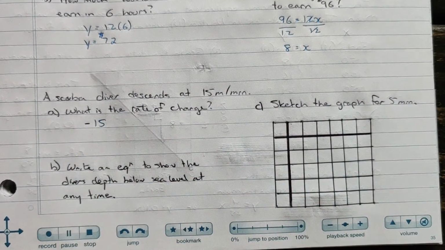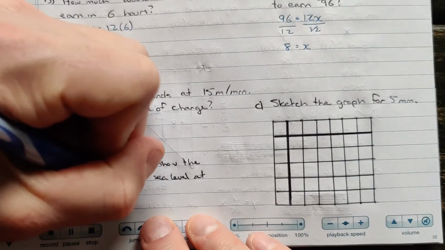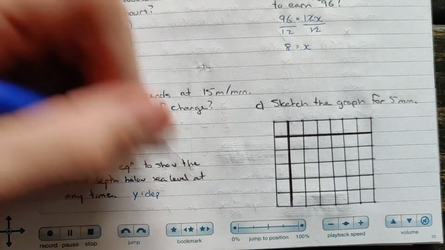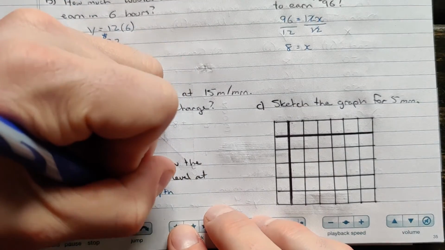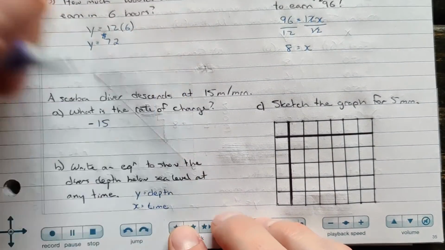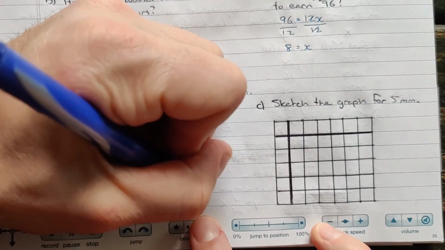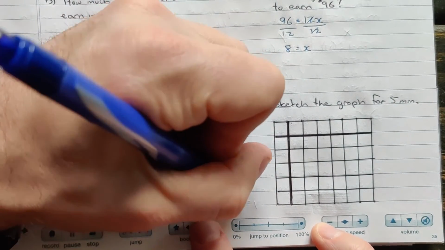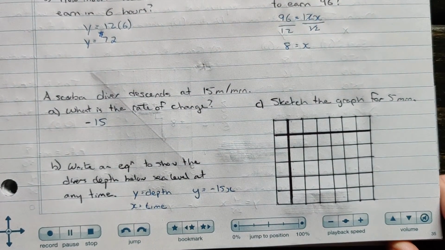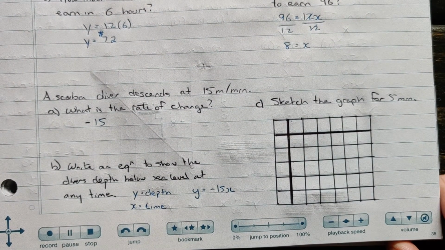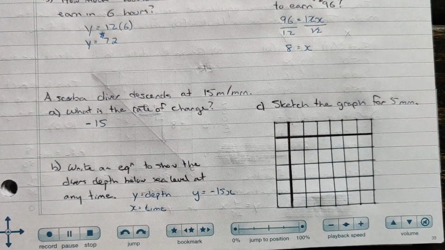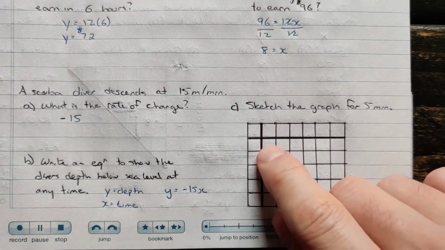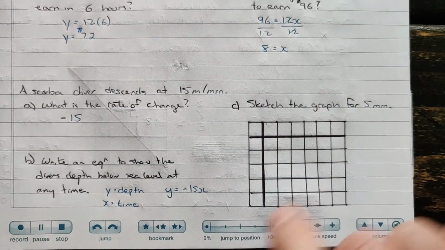So when we make an equation to show this, if y equals the depth and x is the time, then y equals negative 15x. That would be our equation. And then if we want to sketch this for 5 minutes, well, the diver, so I've got my chart here.